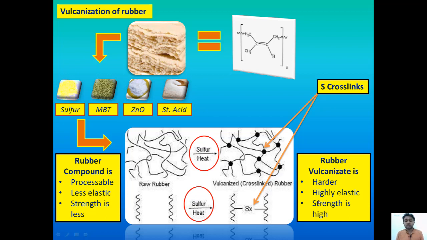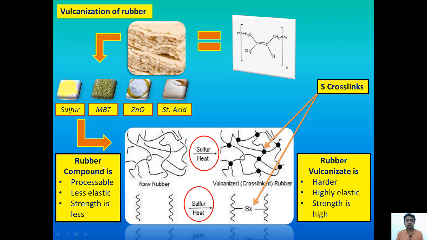So to improve these elasticity, hardness and strength properties, we need to vulcanize the rubber. Your tire, your eraser, your shoe, your slippers, whatever the material you use, which is made of rubber, is a vulcanized rubber product. That's why you feel these properties in those products.